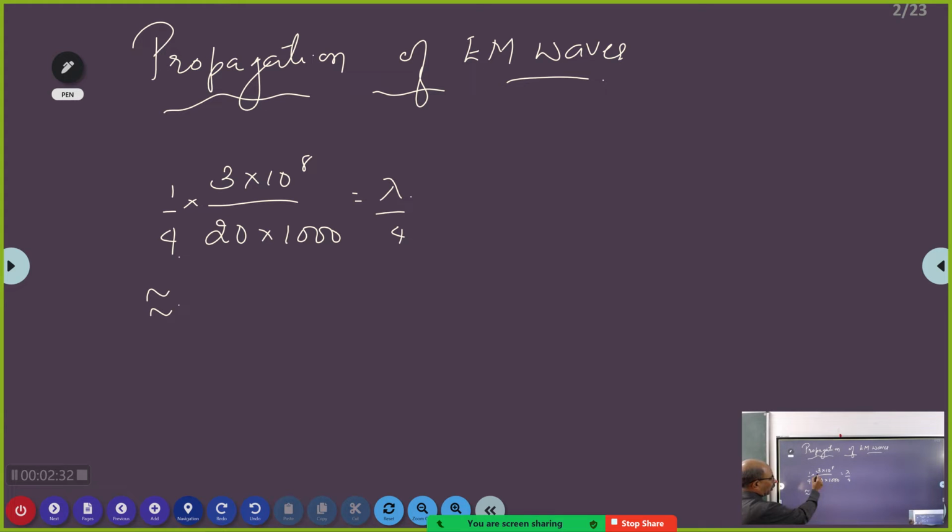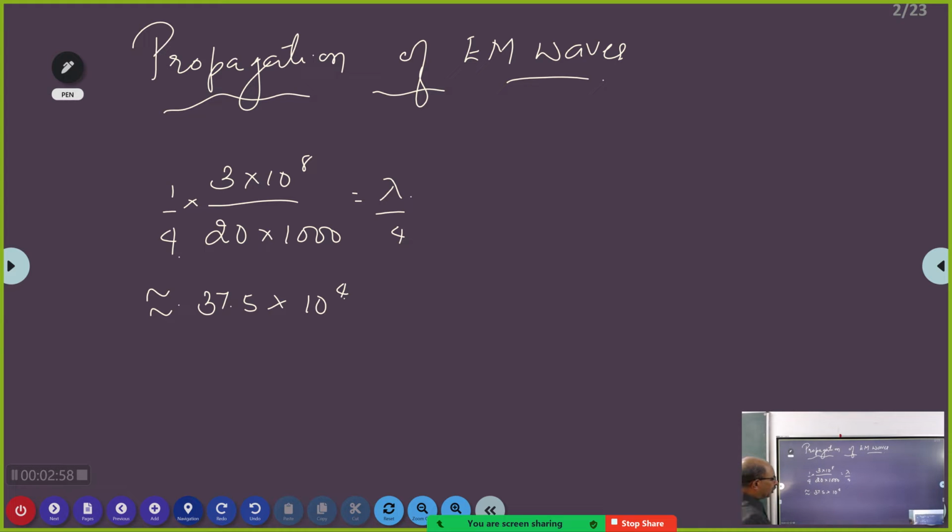3 by 4 is 0.75, and 0.75 divided by 2 is 0.375. Now, 10 to the power of 8 divided by 10 to the power of 4 becomes 10 to the power of 4.